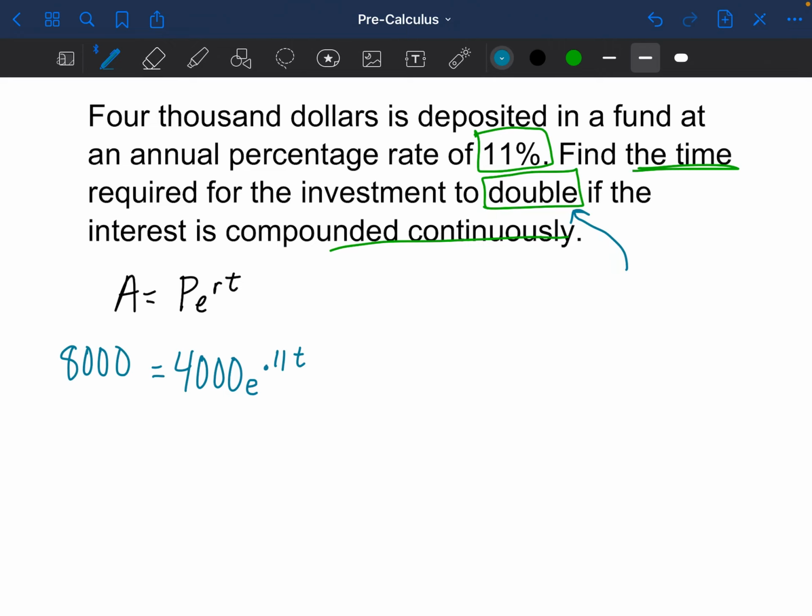The doubled amount goes on the other side of the equal sign. We need to solve for t. First things first, we have to get our exponential e to the 0.11t isolated. So to do that, we're going to divide both sides by 4,000. We're left with 2 equals e to the 0.11t.